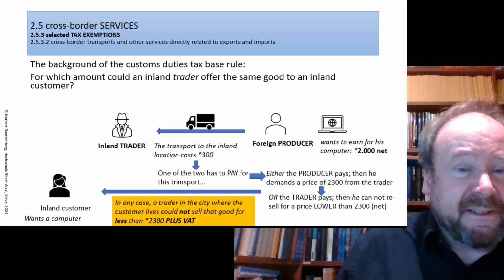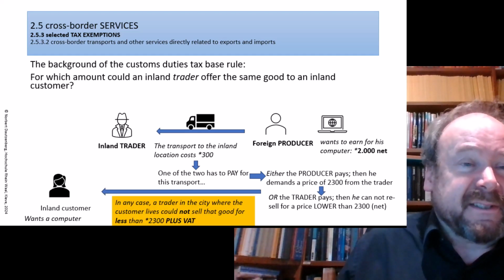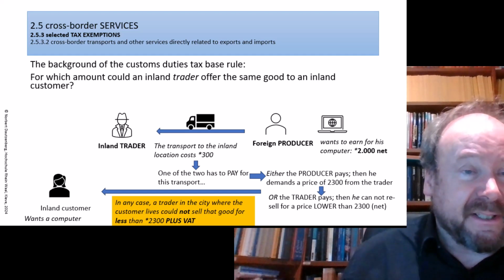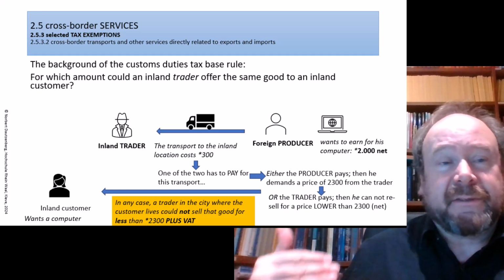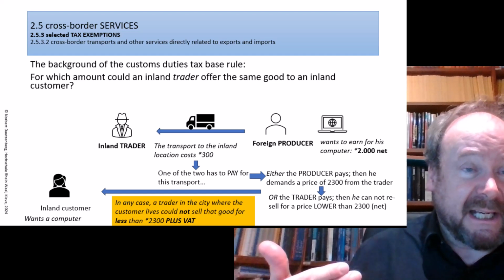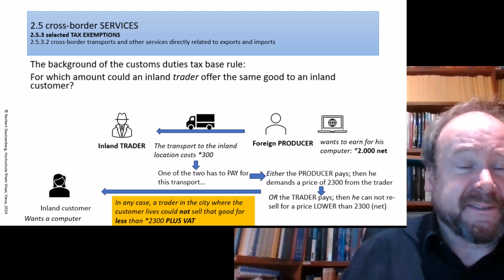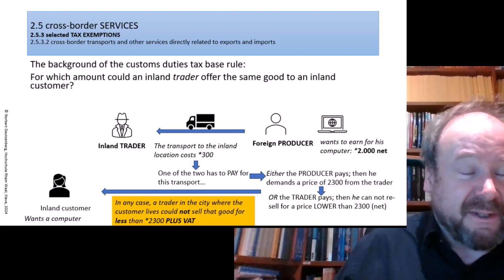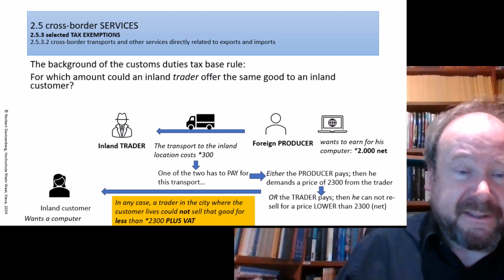In any case, an inland trader in the city where the customer lives is not able to sell that good to the final customer for less than 2,300 plus VAT, because naturally 2,300 are the trader's costs, and the trader is fully taxable and liable to tax, so has to add VAT to his net price. And so 2,300 is the minimum price which can be charged as net price plus VAT.